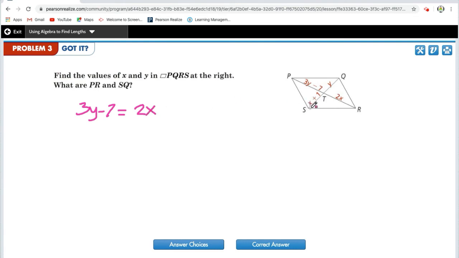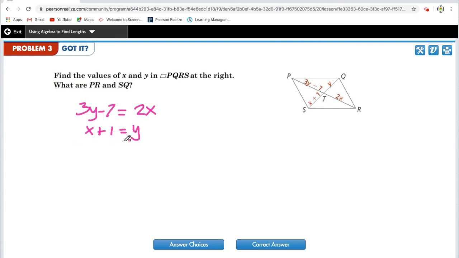And then ST is congruent to TQ. So x plus 1 is equal to y. Since we have two variables here, x and y, we are going to use the system of linear equations to solve for the values of x and y.